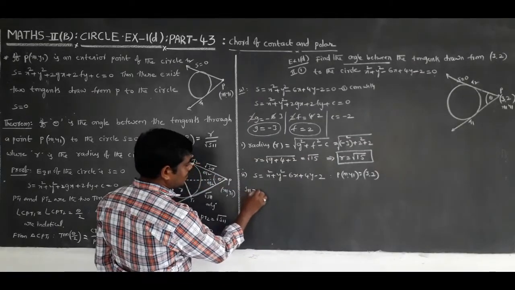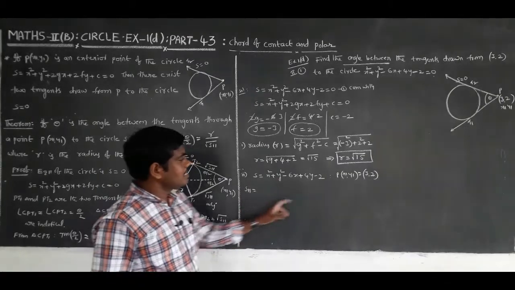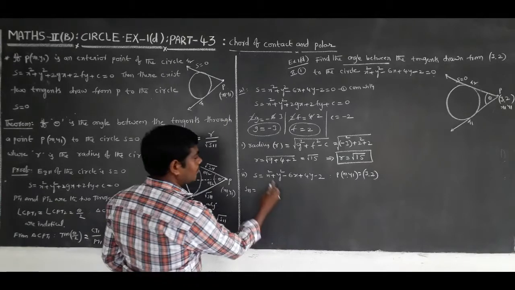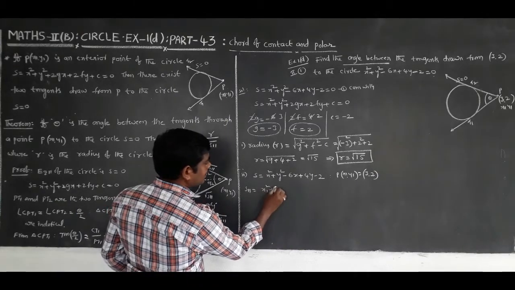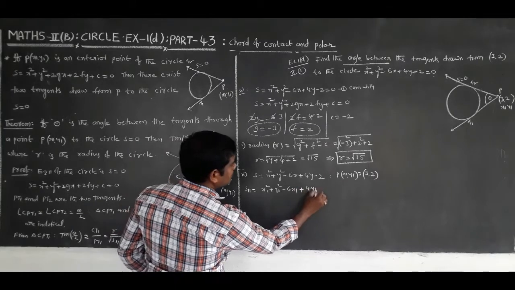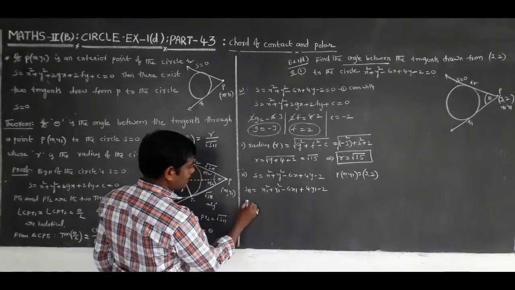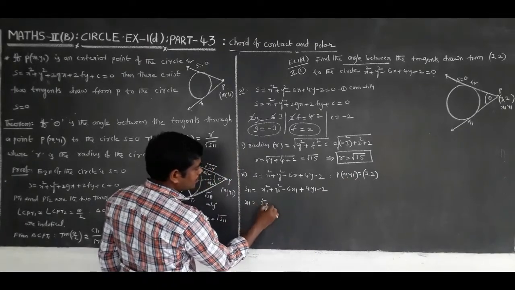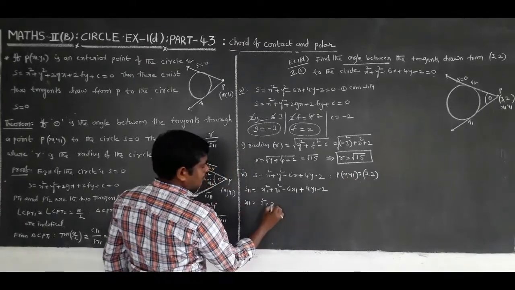Find S11. S11 means substitute x equal to x1 and y equal to y1: x1 square plus y1 square minus 6x1 plus 4y1 minus 2. Here x1 is equal to 3 and y1 is equal to 2.